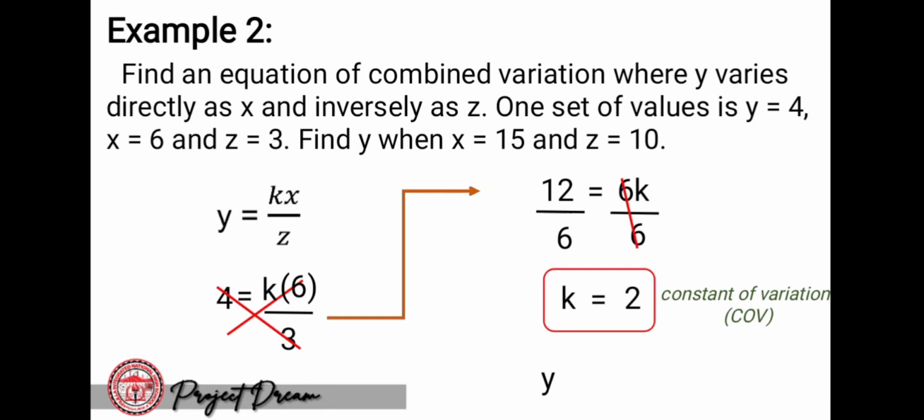Next, mahanap na natin yung equation of variation. Sulat natin yung original equation na y is equal to, so imbis na si k, isusulat na natin yung value niya, which is 2. Kopyahin natin si x at si z. Therefore, that will be our equation of variation.